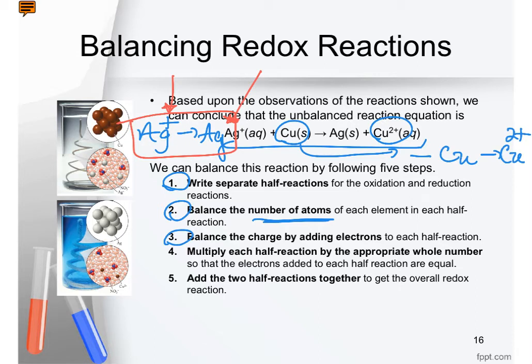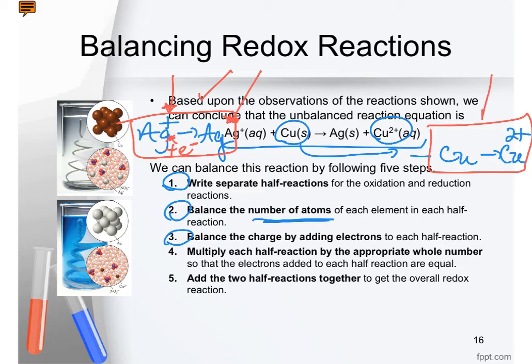Now, once you balance each individual half reaction, we ultimately need to put them back together. But before you can do that, you have to have the electrons on each side, or for each half reaction, the same. So let's say that we added 1 electron on the reactant side to balance the overall charge.